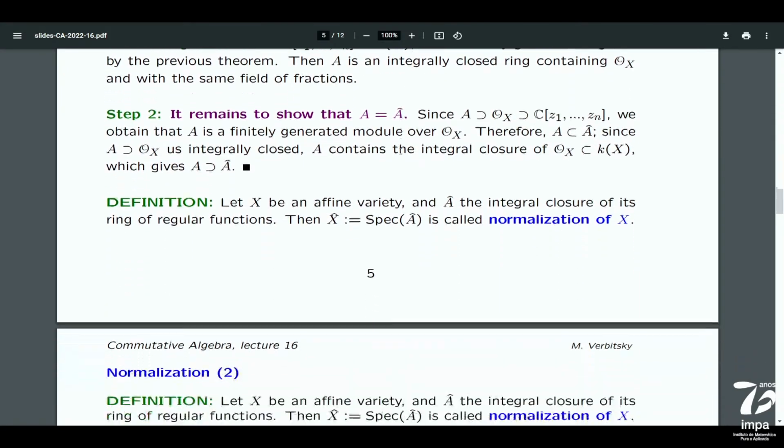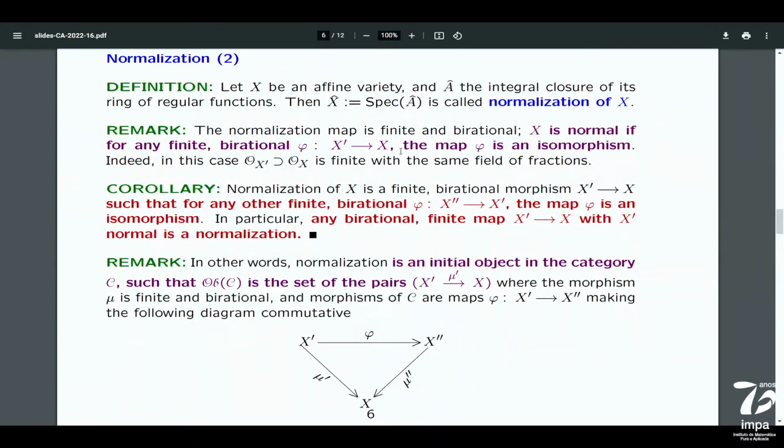Okay. So I'm going to tell you another version of the definition of normalization. First, it's more functorial, and second, it makes sense even in a situation when you don't have the fraction field, when your variety is non-reducible.